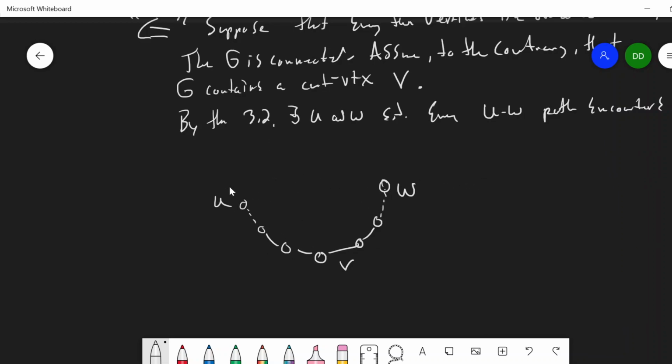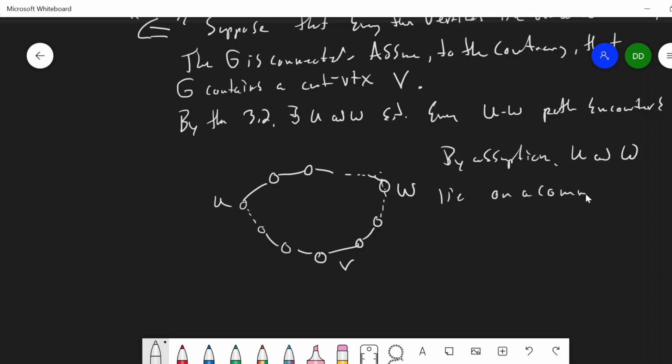And so there must be some other path from U to W, right? Something like this. So by assumption, U and W lie on a common cycle. Well, then not every UW path encounters V. So there is a UW path that avoids V.